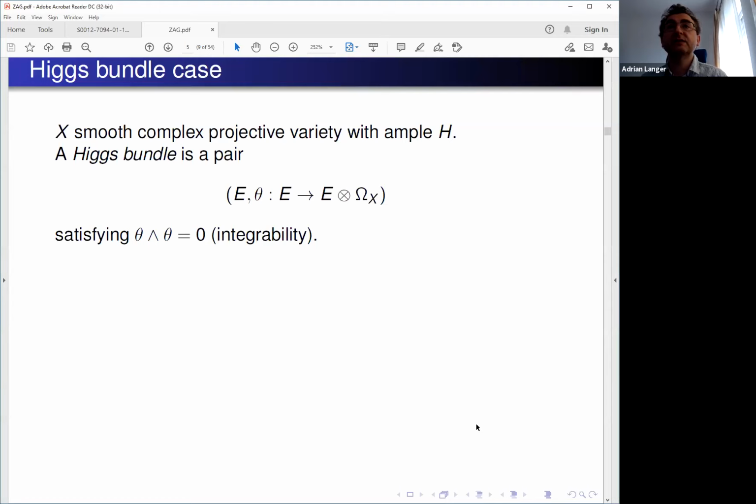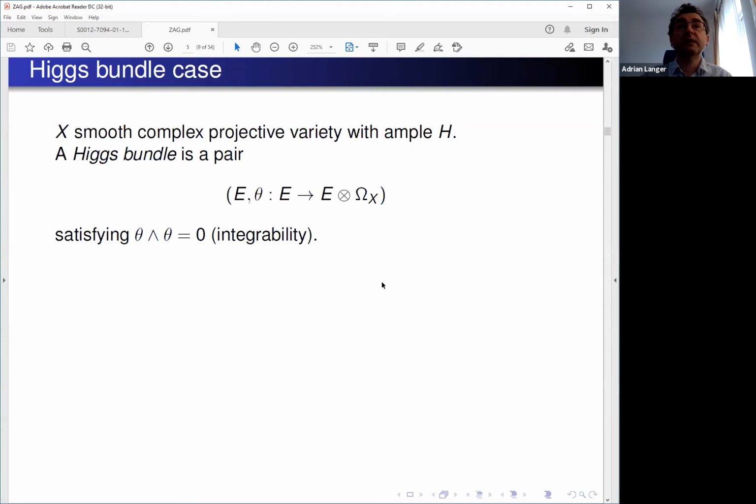And this should satisfy some condition that is called integrability, which means that theta wedge theta is equal to 0. So this really means that this E has a structure of a module over the symmetric algebra of the tangent bundle of our variety X.